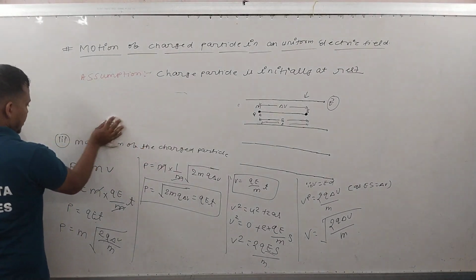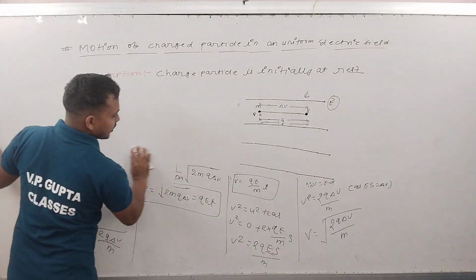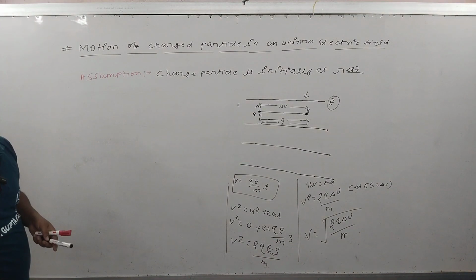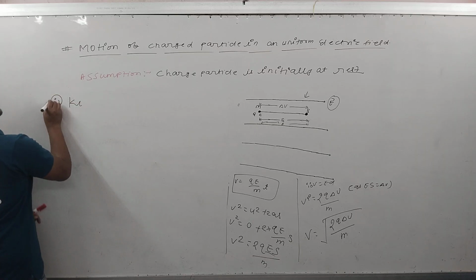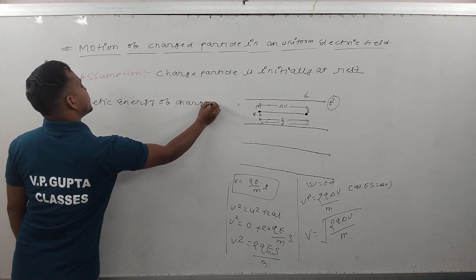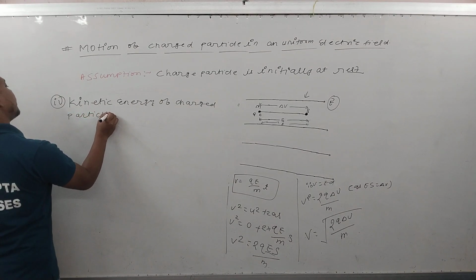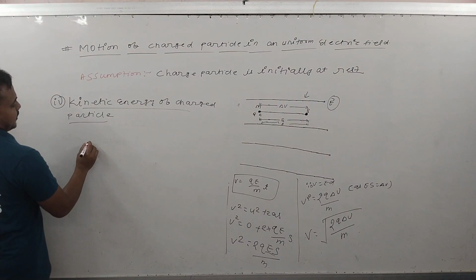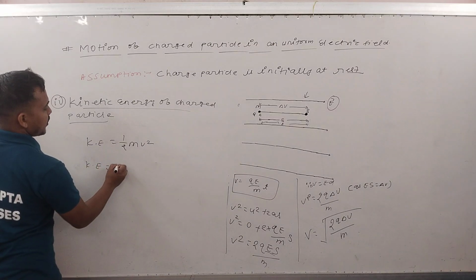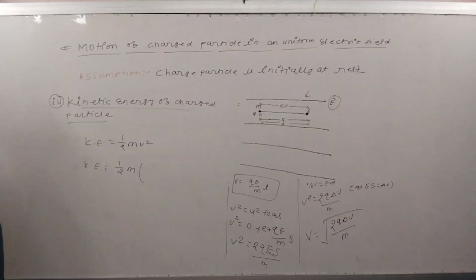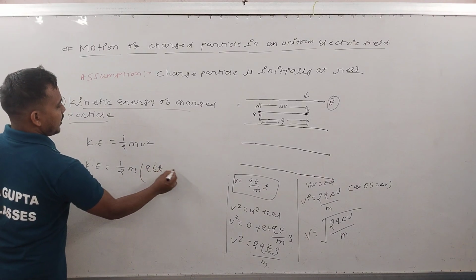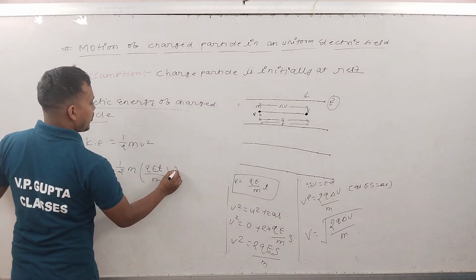Kinetic energy of the charged particle. You know that kinetic energy is equal to half mv square, and in terms of time, half m, and in place of v we put qEt by m, whole square.